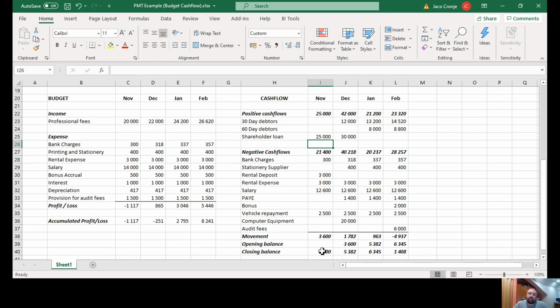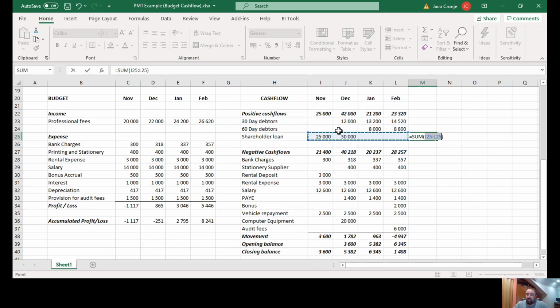Now, if I check my closing balance, yes, my closing balance is now positive in all the months, but it means I have to at least have 55,000 Rand in cash before I can start this practice of mine.